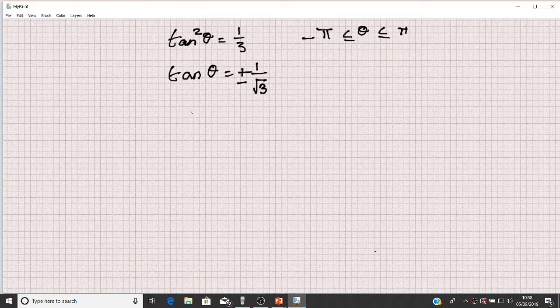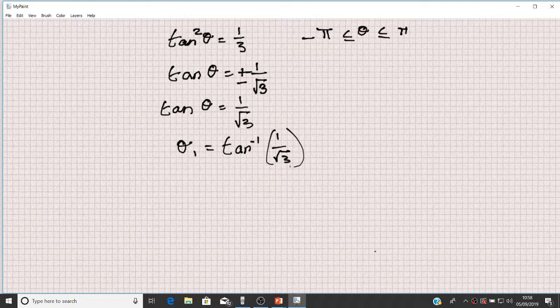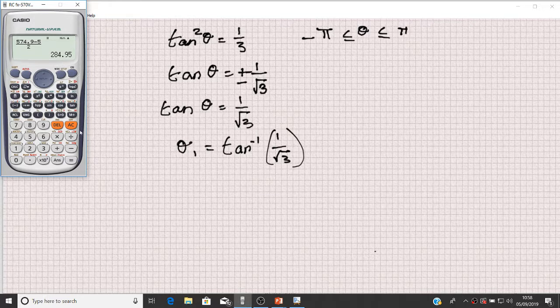So we'll just take the positive value first. Tan theta equals 1 over root 3. So theta 1 equals tan minus 1 of 1 over root 3. I'll take up the calculator for this example.